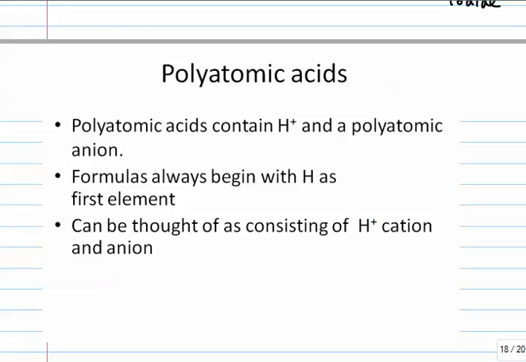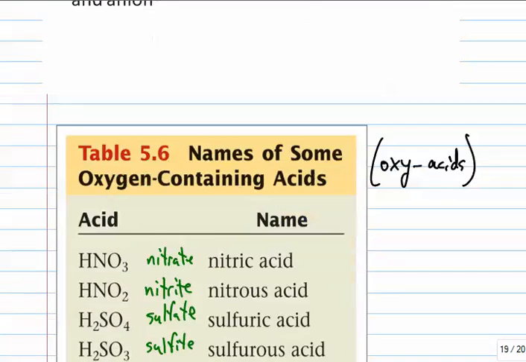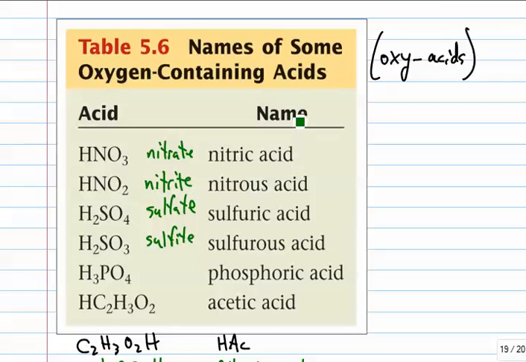Now, for our oxygen-containing acids, these will always contain a polyatomic anion with an appropriate number of hydrogen ions present. Here are some examples. The rule here is we need to identify what that polyatomic oxyanion is. That is, what is its name?